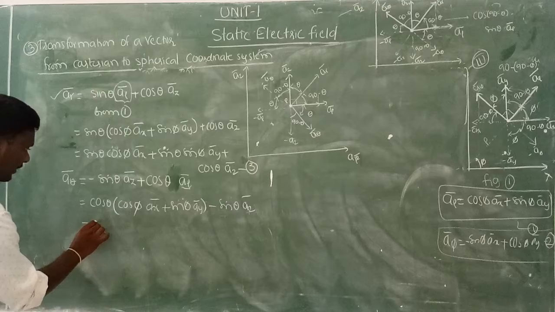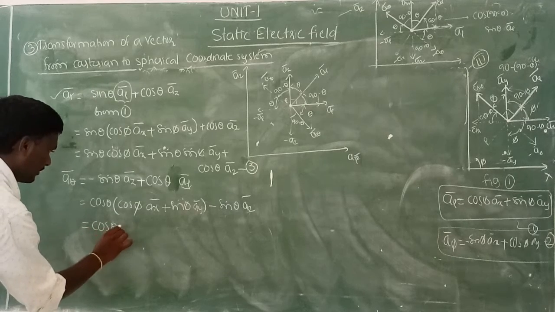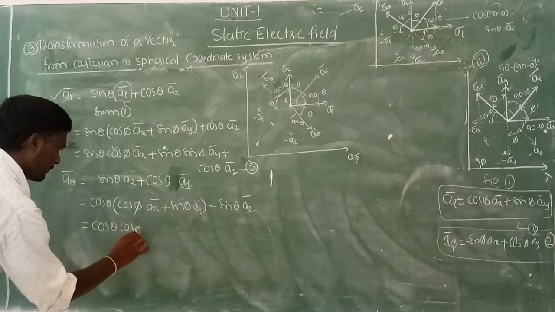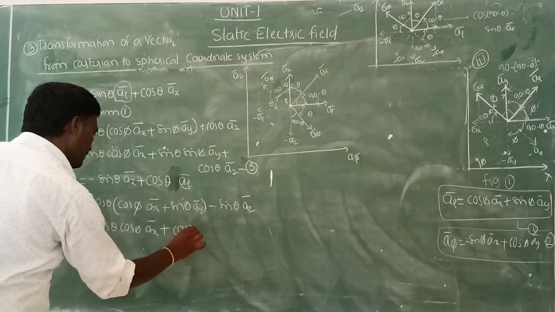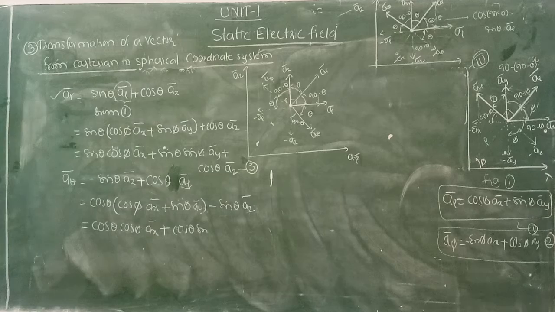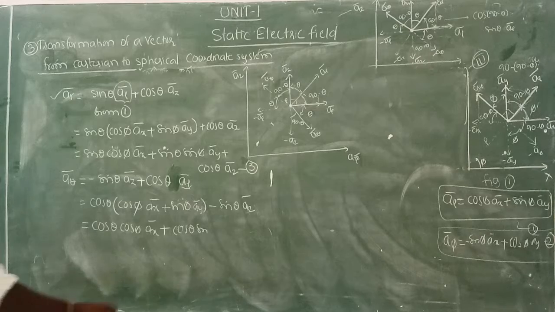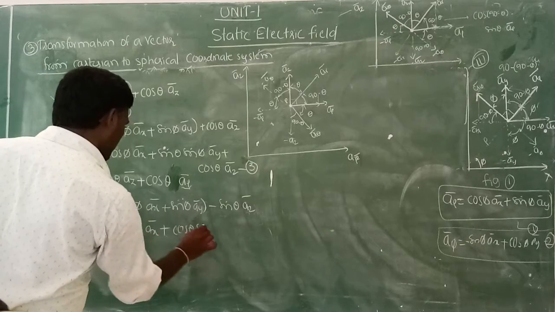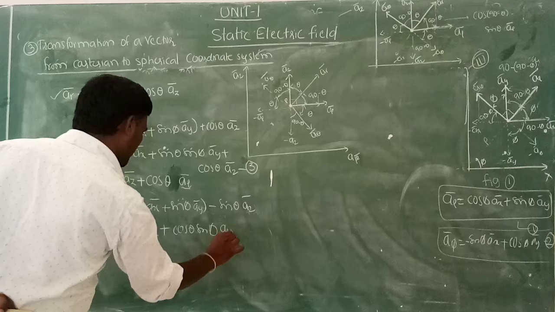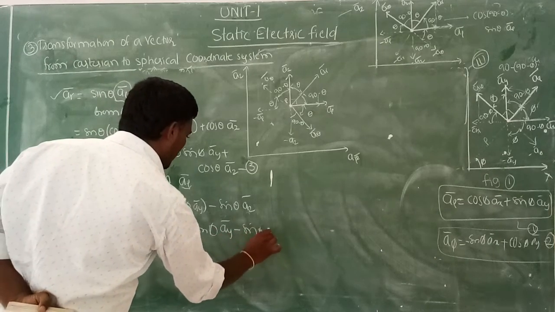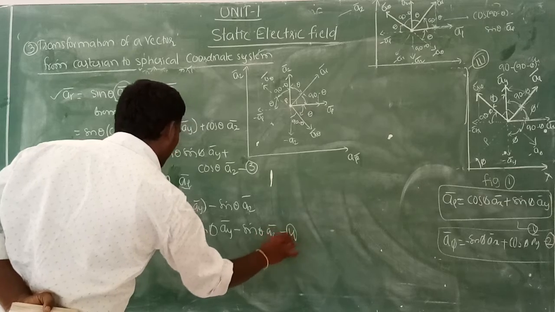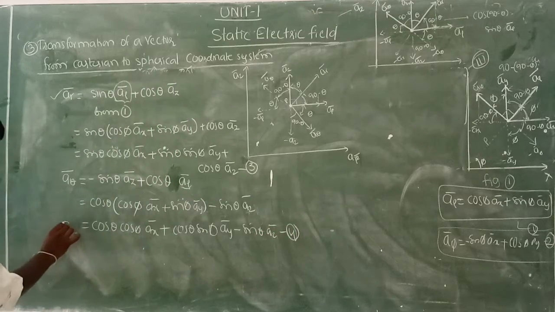If you expand it, cos theta cos phi ax bar plus cos theta sin phi ay bar minus sin theta az bar. It is equation number 4. A theta bar is done.